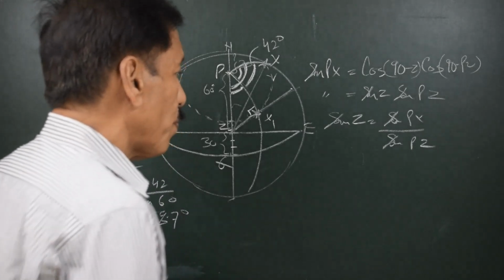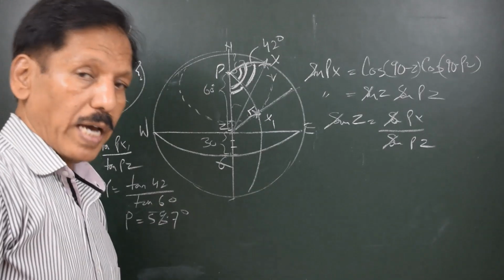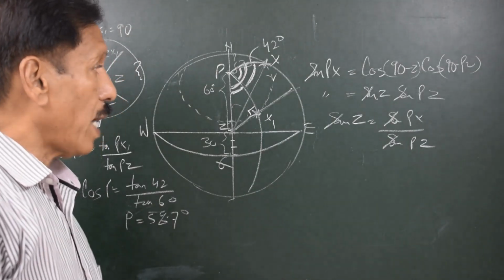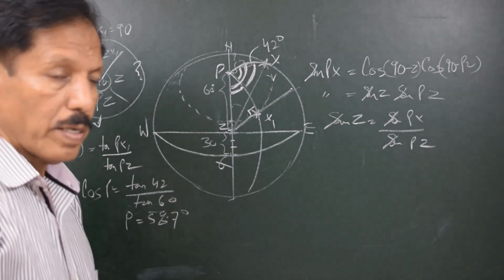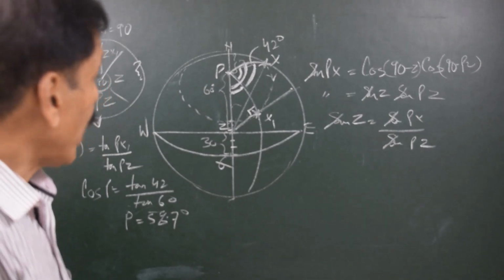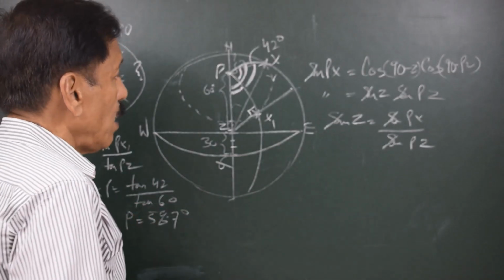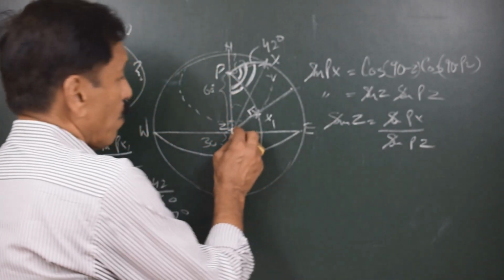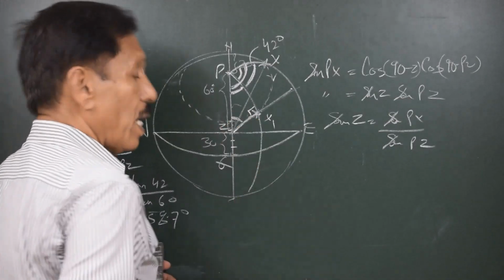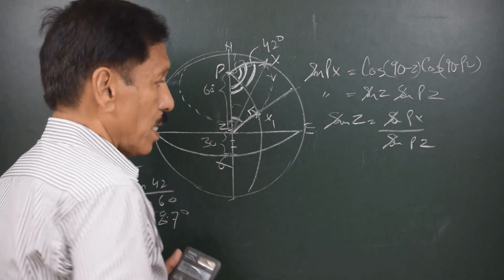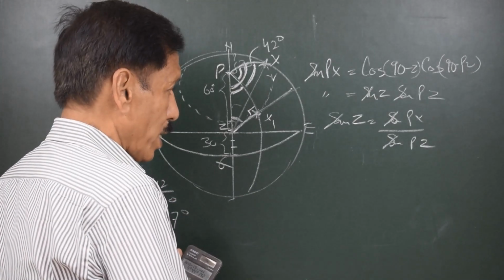Now I told you, whenever the cos or tan is negative, it gives a warning that the angle is in the second quadrant. Sine does not give any such warning, but we can look at the diagram and see for ourselves, right? See very clearly on the diagram that this angle Z, I 100% know is less than 90 degrees. So there is no question of ambiguity here, right?